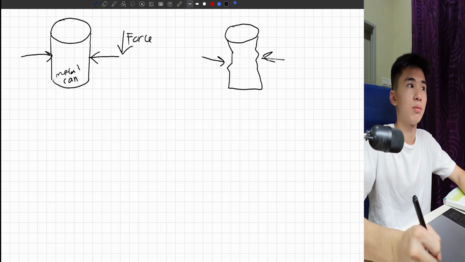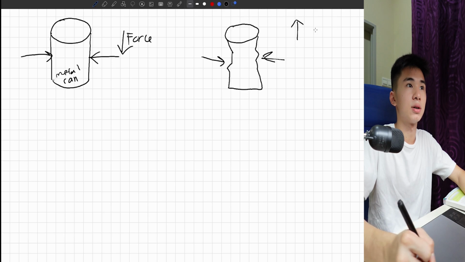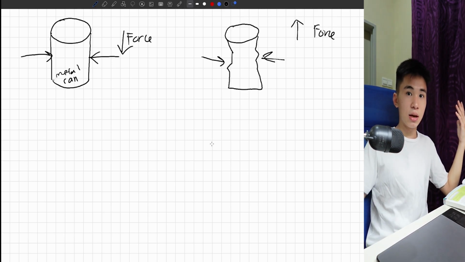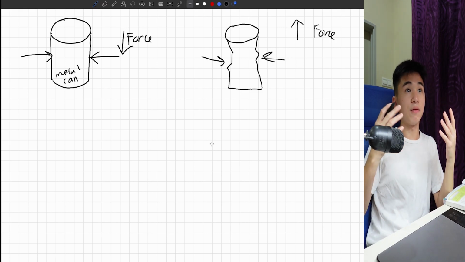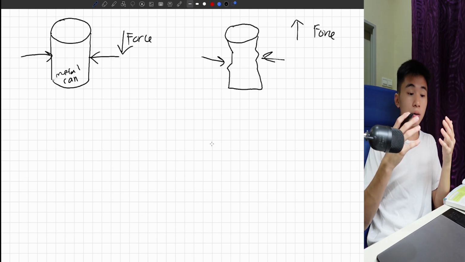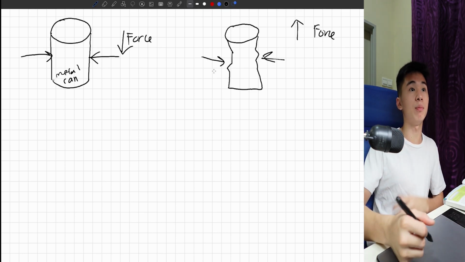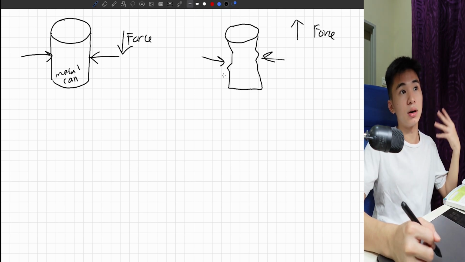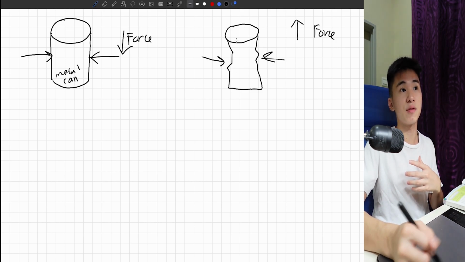If you compress it with greater force, if it crosses the elastic limit, if we release the force, it will be this. Permanently, the metal can will be like this, in this form, okay?